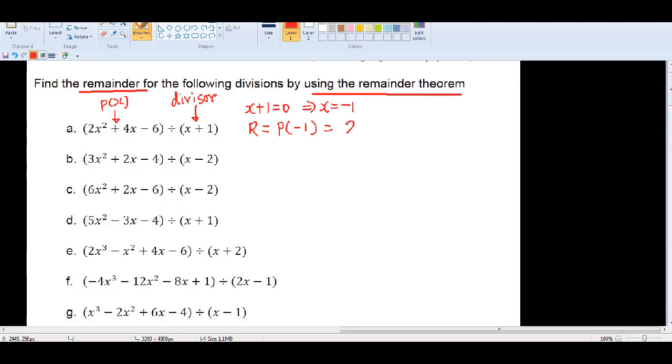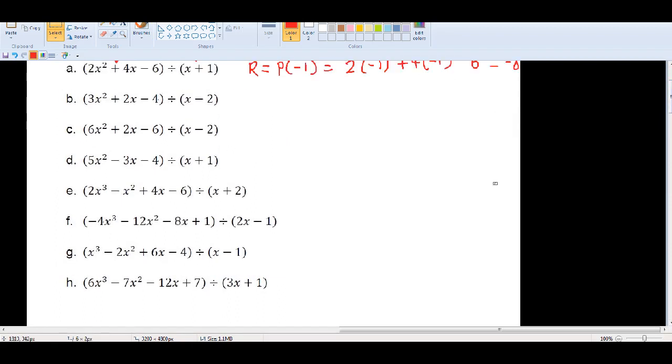Remember that's a minus number. All good. And so that will be -8. That's the first one. How about the second one? Sorry, possibly I need to create a little bit more space for my working.